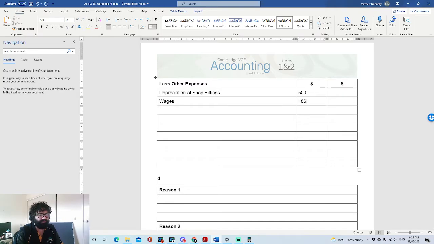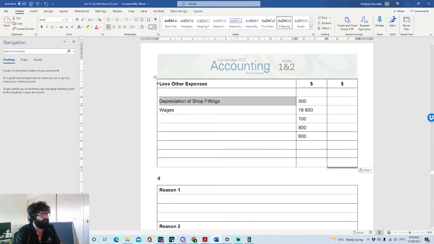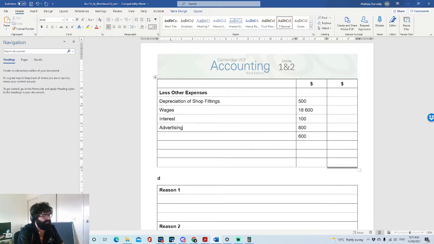Wages 18,600. Interest is 100. Advertising 800. Rent 600. So we've got wages, interest, advertising, and the rent.